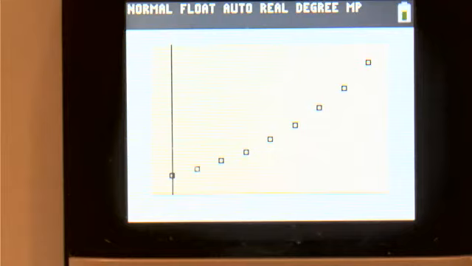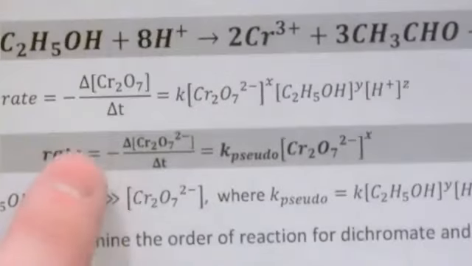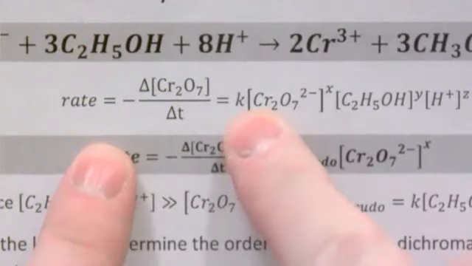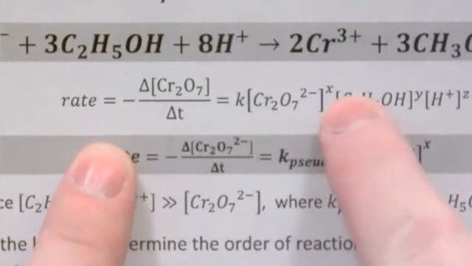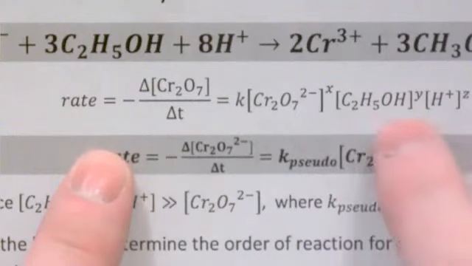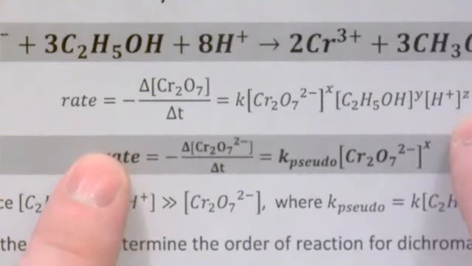Can we calculate the rate constant for the reaction? It's a bit of a trick question. Can we find the rate constant for this reaction? It's been a while since we've done kinetics, but remember that the actual rate law said k, the rate constant, times dichromate to the power of x. We now know that x is 1, it's first order. But there was also the alcohol and the acid in the rate law.